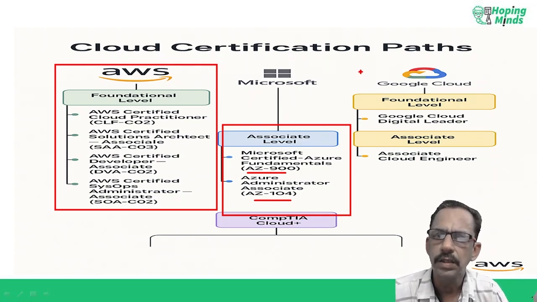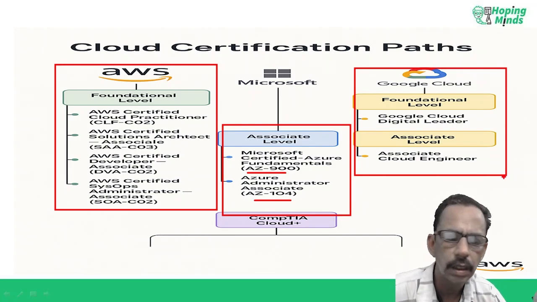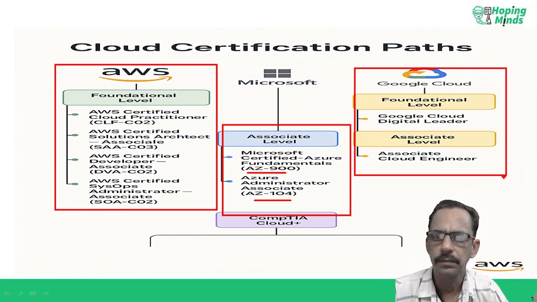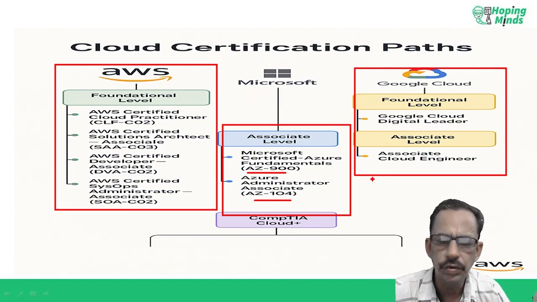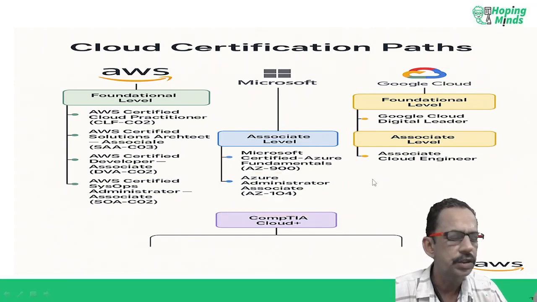And third is the Google Cloud Digital Leader and Associate Cloud Engineer. So now you have to choose according to your experience, industry experience, including implementation, designing, troubleshooting. You can appear for any. So this is the complete road path.